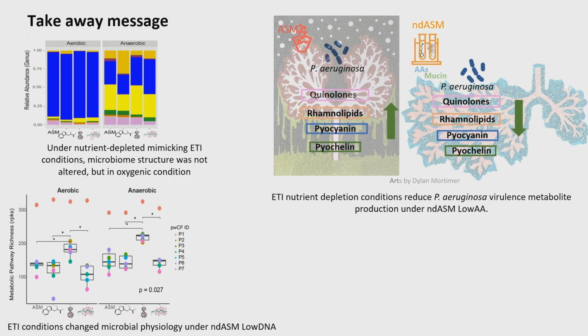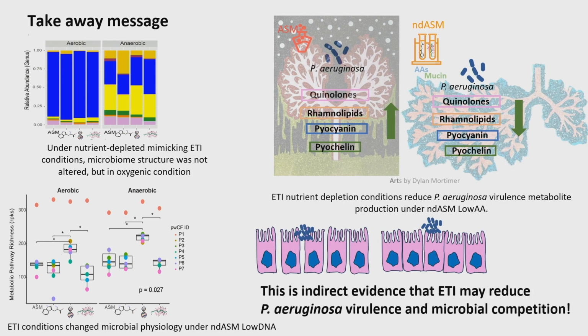Also, in vitro, Pseudomonas aeruginosa is changing its production of virulence factors under low nutrients, specifically low amino acid, and these changes in Pseudomonas aeruginosa virulence factors could be indirect evidence of the ETI effect on Pseudomonas aeruginosa, improving outcomes for host cells, because Pseudomonas aeruginosa is reducing its virulence factors.